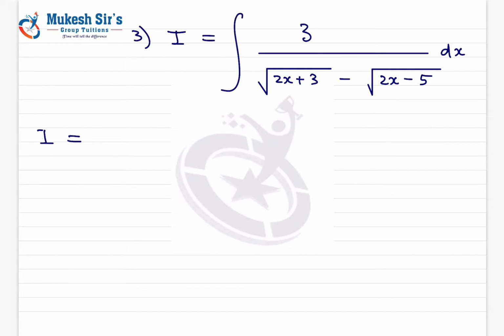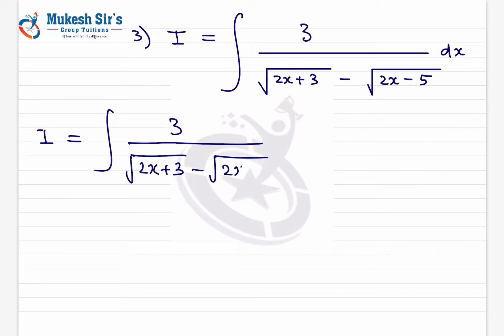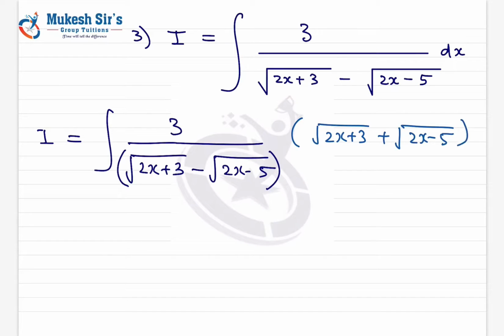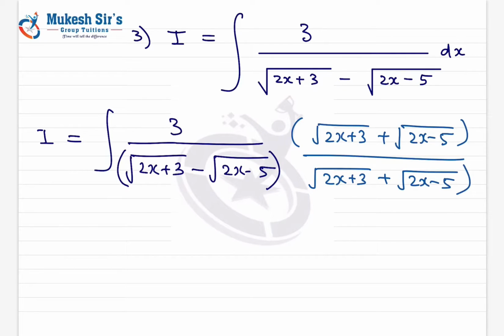So this becomes integration of 3 upon root of 2x plus 3 minus root of 2x minus 5. So multiply and divide by the conjugate. Its conjugate will be root of 2x plus 3 plus root of 2x minus 5 upon root of 2x plus 3 plus root of 2x minus 5.